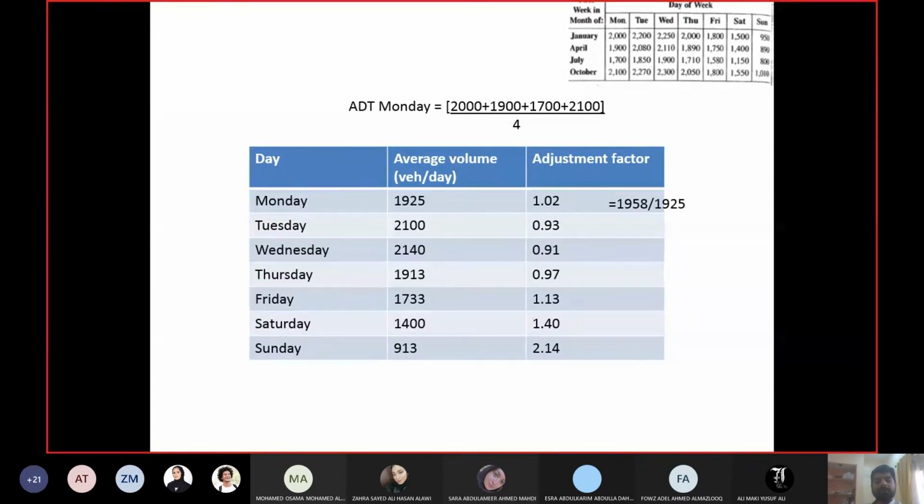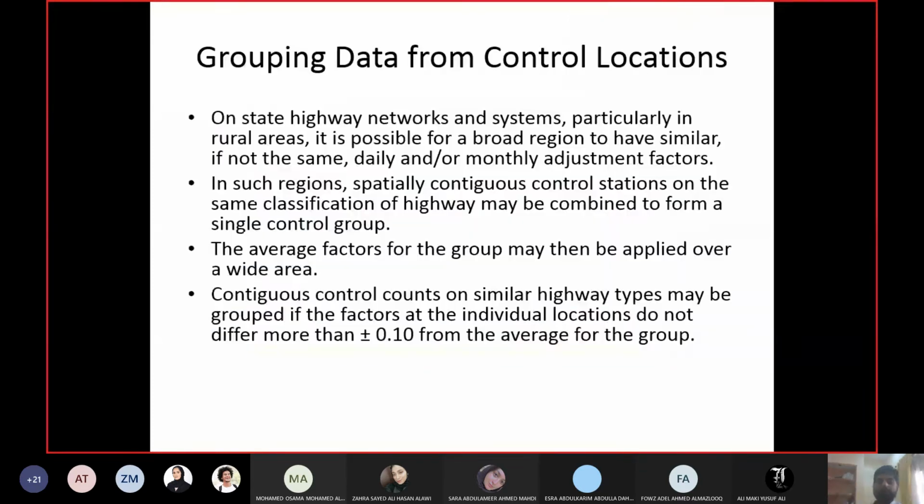Now this is a concept which we'll discuss today, but we will do some examples tomorrow: grouping of control count locations for a statewide program. In the whole state, since your network is so big, you will have many control count locations even for the same type of highway.